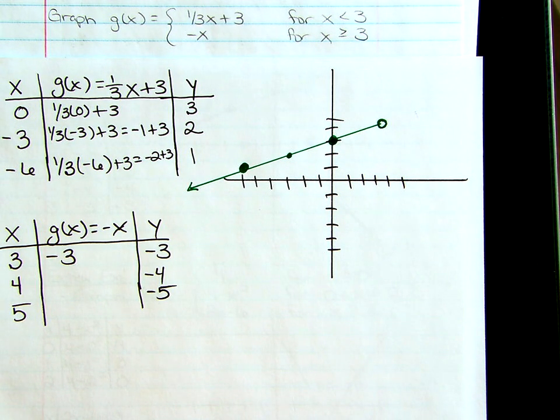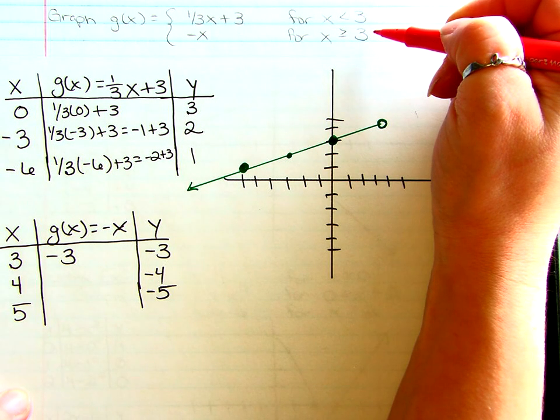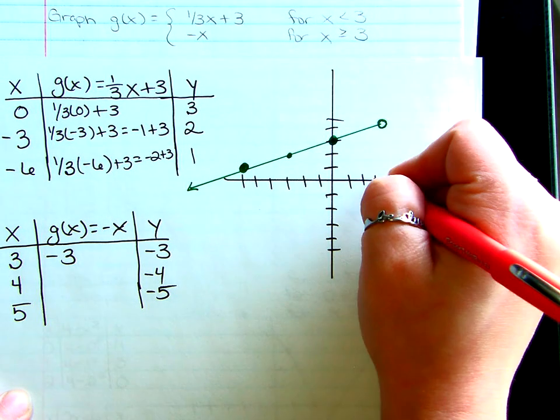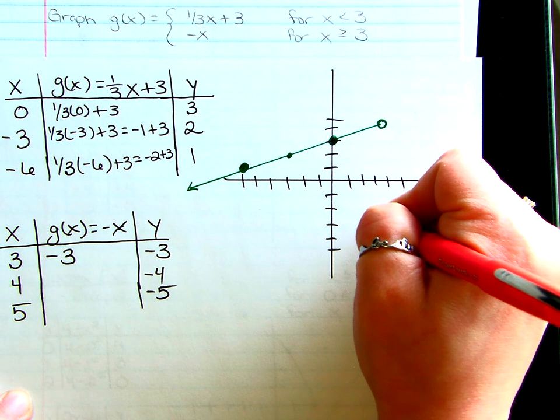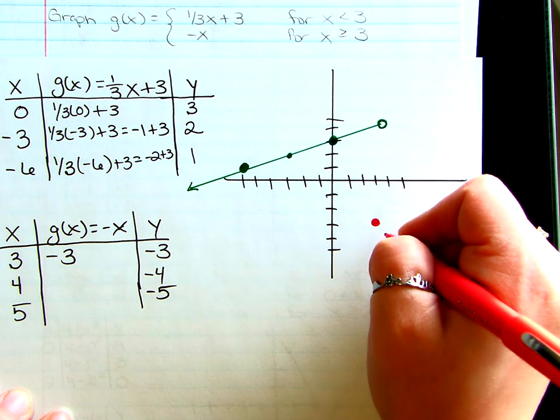And since it does equal for this range, I'm going to use a closed-in circle in that first point of 3, negative 3. And then 4, negative 4. 5, negative 5.